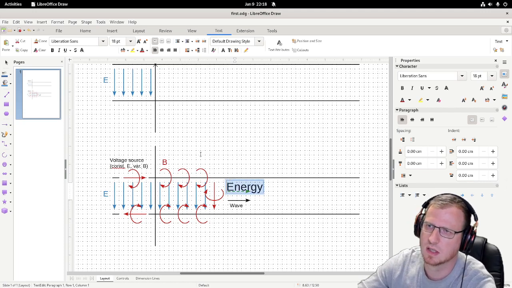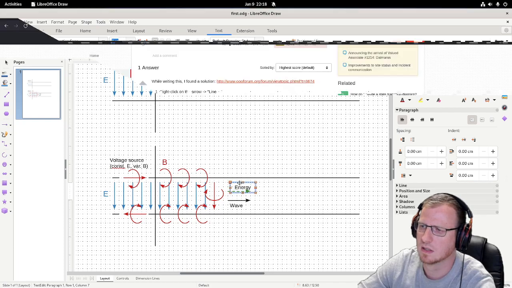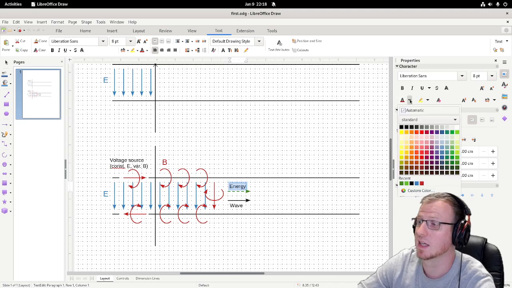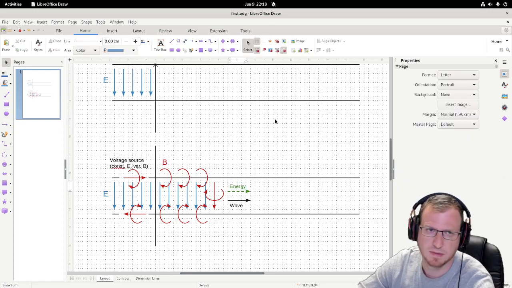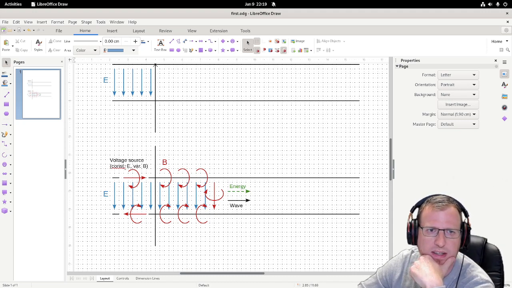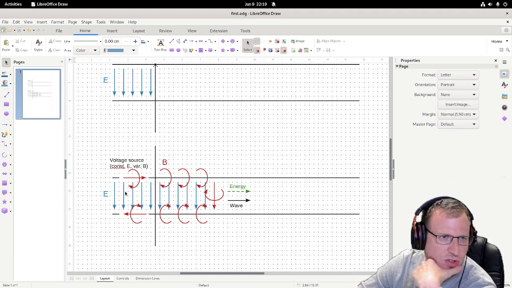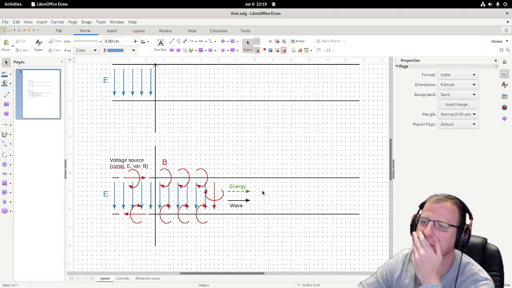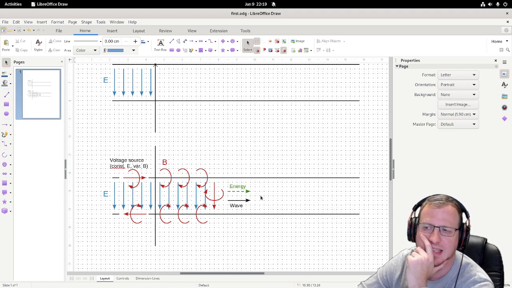Energy. And also 8. And the energy, we make the energy green. Perfect. So the energy is also moving in the direction because the voltage source is providing energy and pumping it into the transmission line.